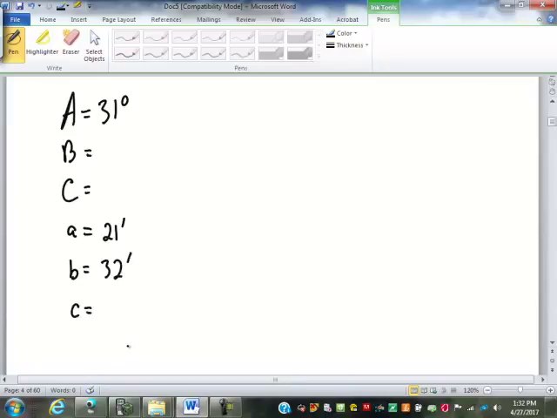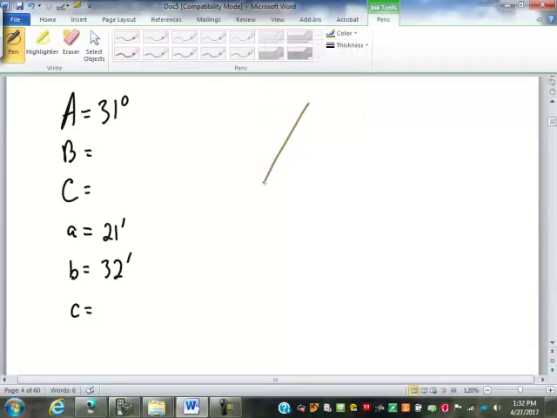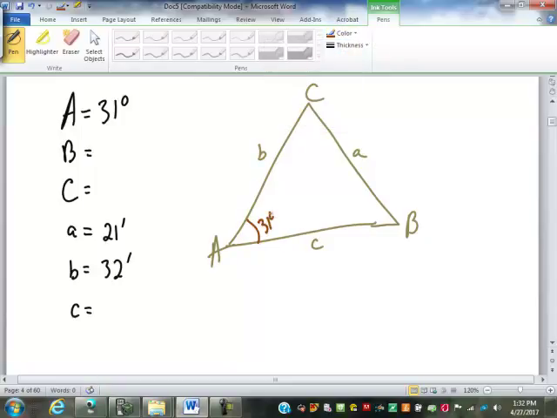And we don't know side C. So let's continue to draw our triangle here. Let's put in what we know. 31 degrees here, 32 feet here, and 21 feet here.